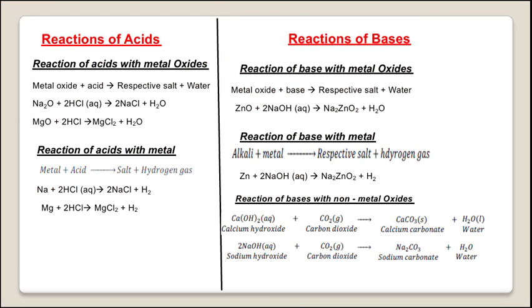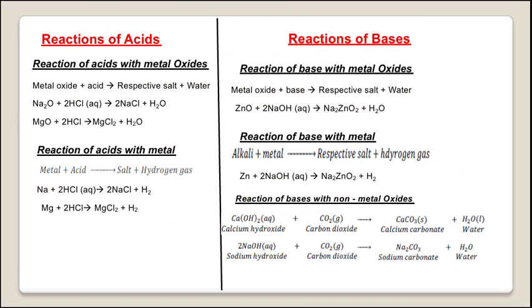Now we'll discuss the comparison of reactions of acids and reactions of bases. Both react with metal oxides to produce salt and water. Reactions are given, examples you can see. Acid reacts with metal to form hydrogen gas, and base also reacts with metal to form hydrogen gas. Acids react with metal oxides to form water, and bases also react with metal oxide to form water, but in the case of bases there are very rare reactions which do the same.